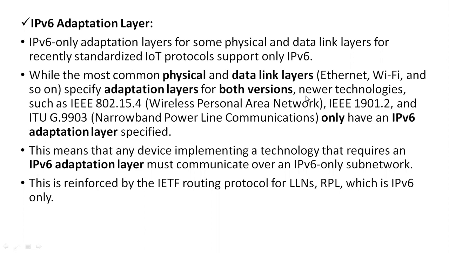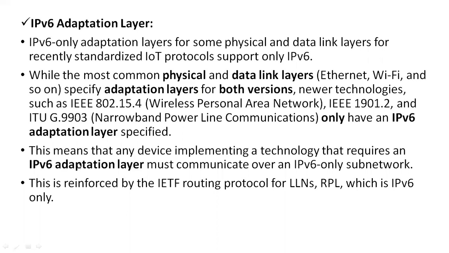Then what is the solution now? Most commonly used physical link and data link layers, like Ethernet, Wi-Fi, and cellular, will specify an adaptation layer for both versions, IPv4 and IPv6. So these physical and data link layers are for IPv6 only, but most commonly used nowadays, it is a fact that we are using both IPv4 and IPv6. So these most commonly used physical and data link layers will support both IPv4 and IPv6.